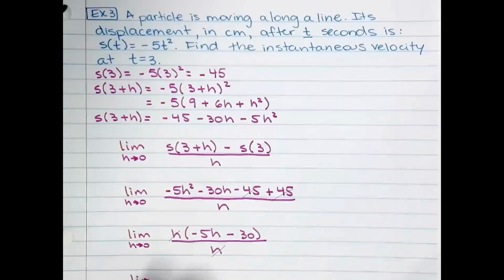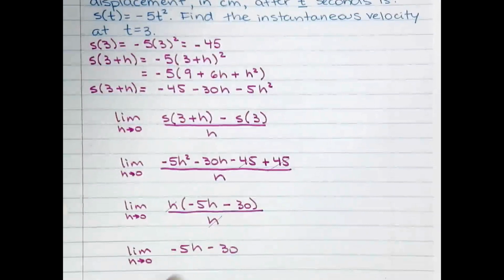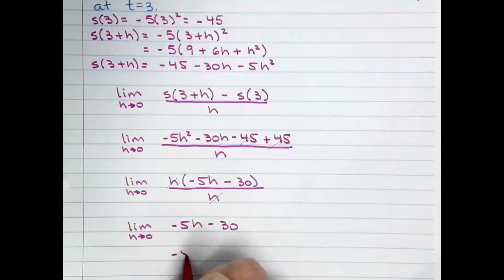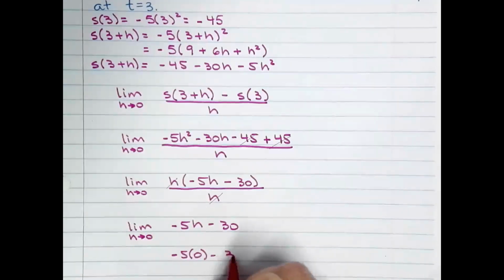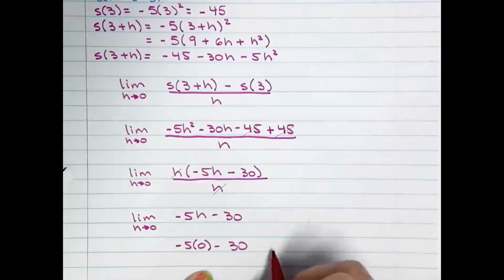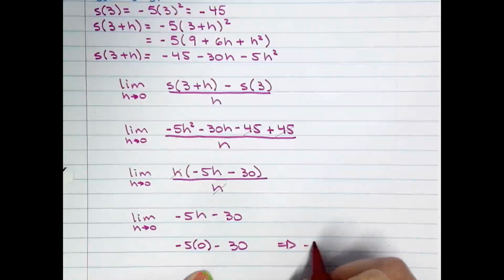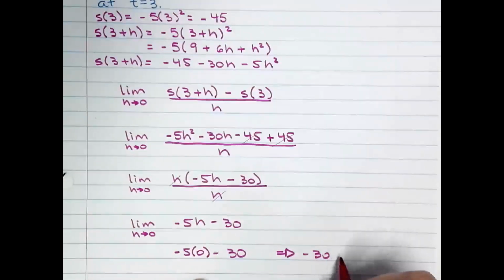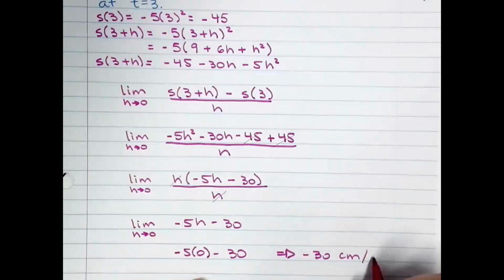And here I have the limit as h approaches 0 of negative 5h minus 30. And then at this point, you go ahead and you substitute 0 for h right there. And that will give you negative 30. What's the unit here? Centimeters per second.